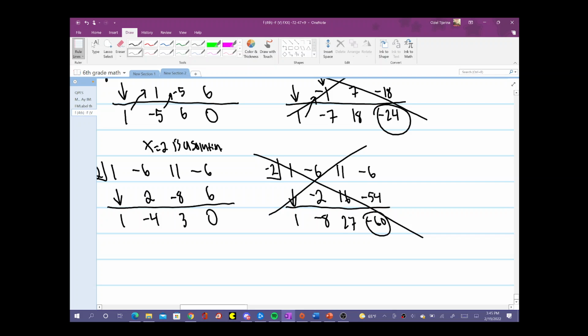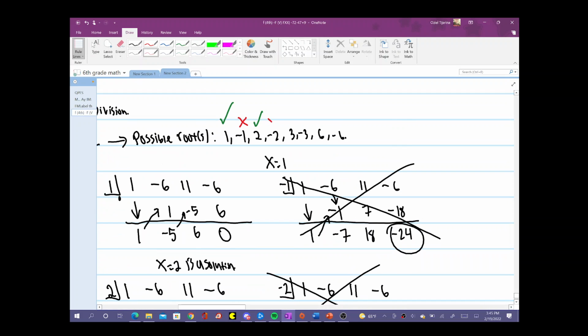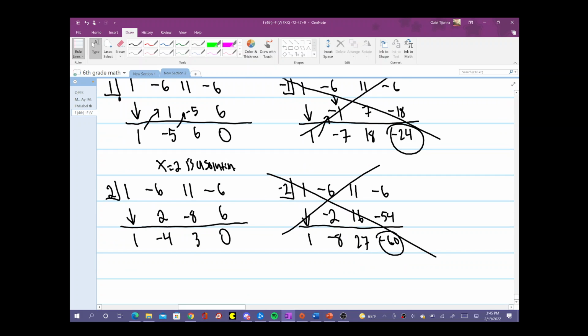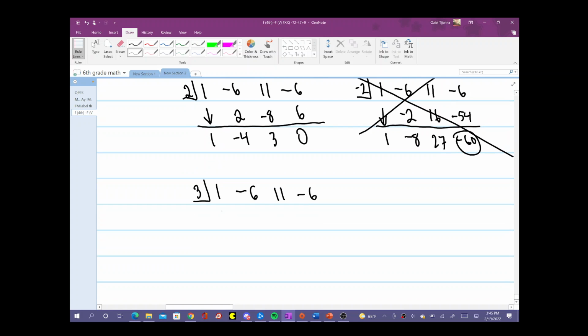Negative 6 plus 6 is 0. When the remainder at the very end of the synthetic division, the box, is 0, it is a solution. So x equals 3 is a solution.